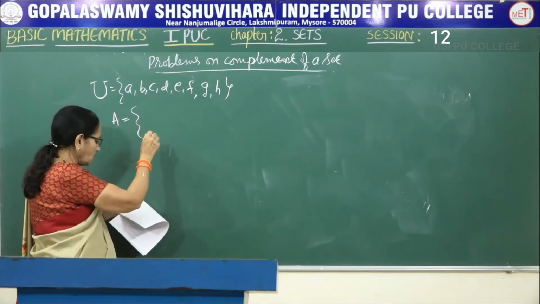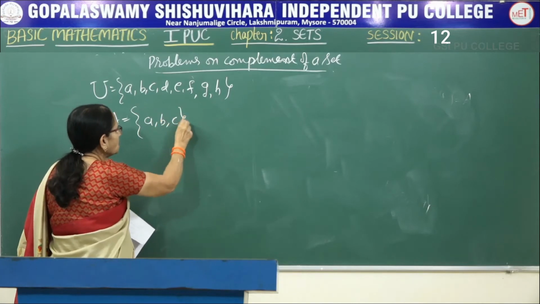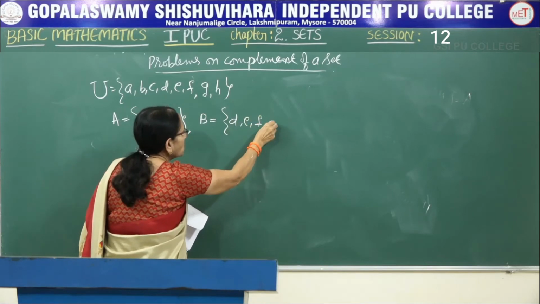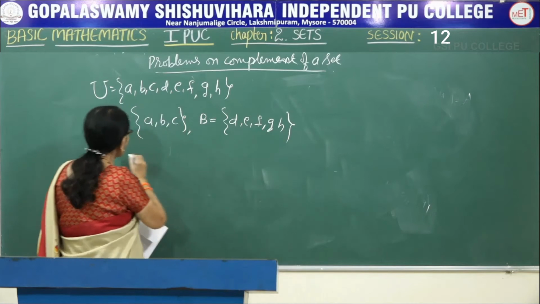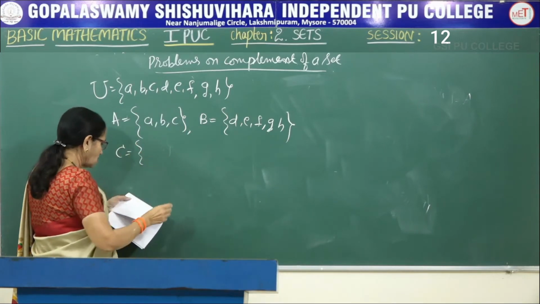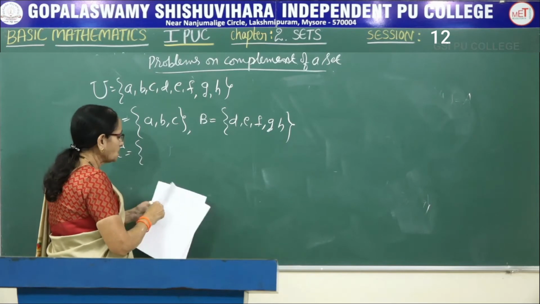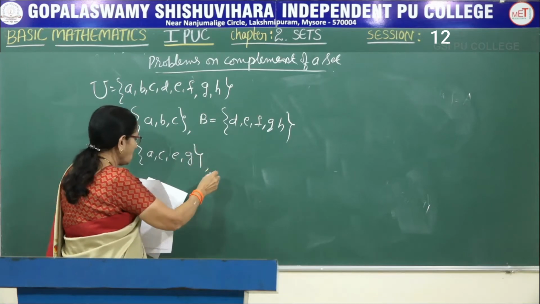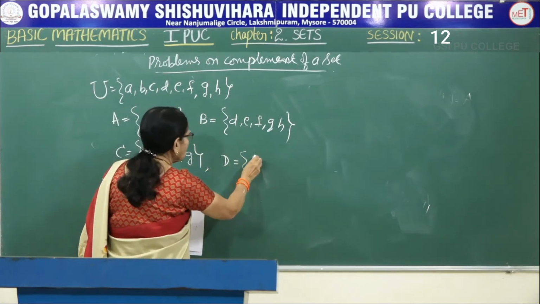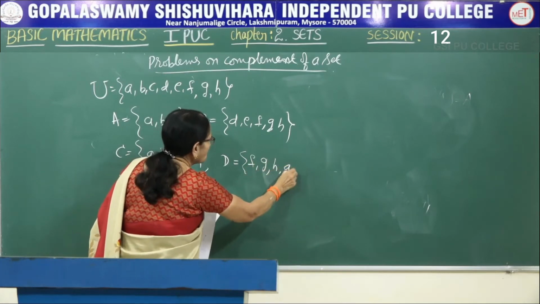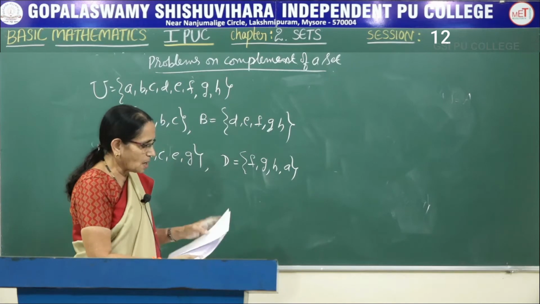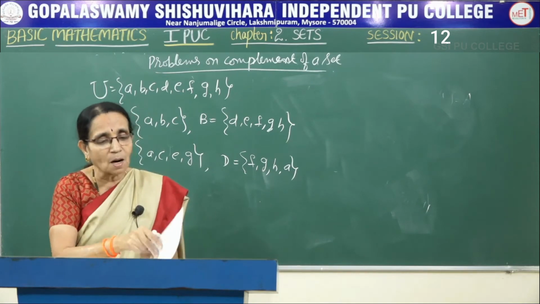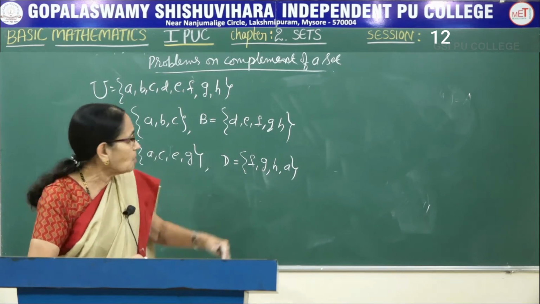Set A contains A, B, C. Set B contains D, E, F, G, H. And set C contains A, C, E, G. And set D contains F, G, H, E. Now these are the 4 sets I am considering. You are asked to find the complements of all these sets.